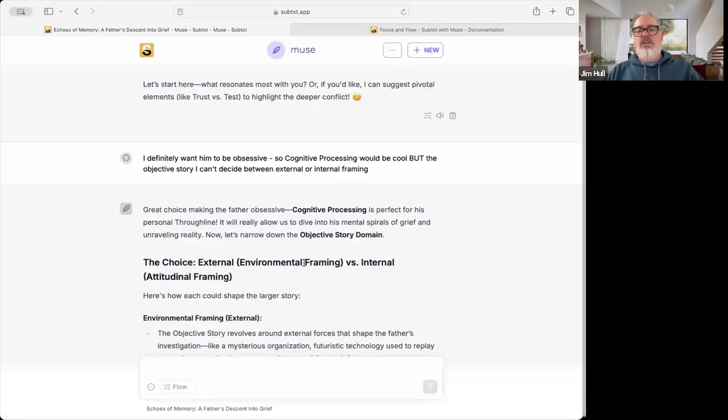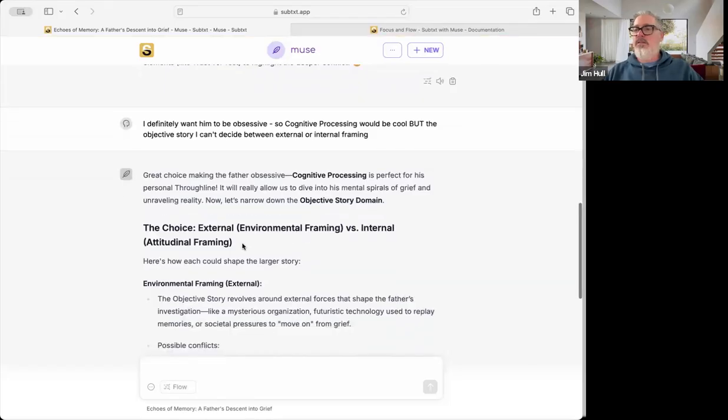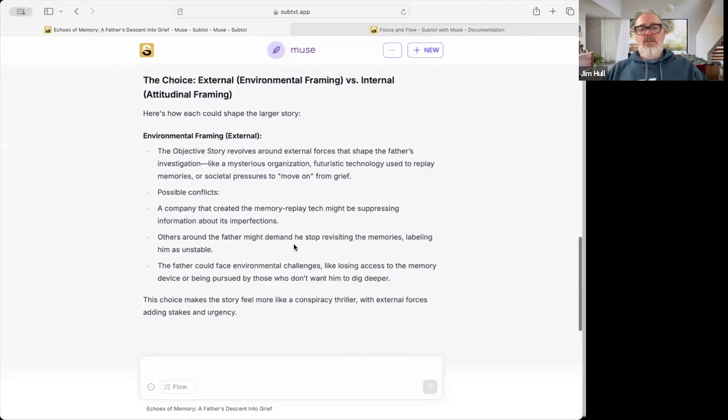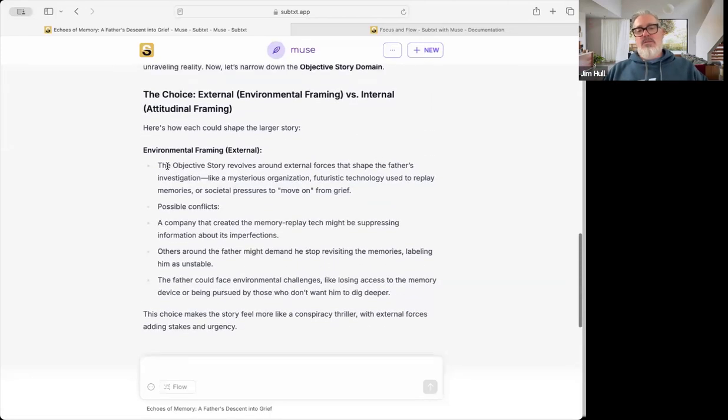It does an amazing job of pulling it back in, or it can interpret what it is you're trying to get across. So what it's going to do is give you two different looks at what an objective story with environmental framing would look like versus a plot that is more attitudinal.